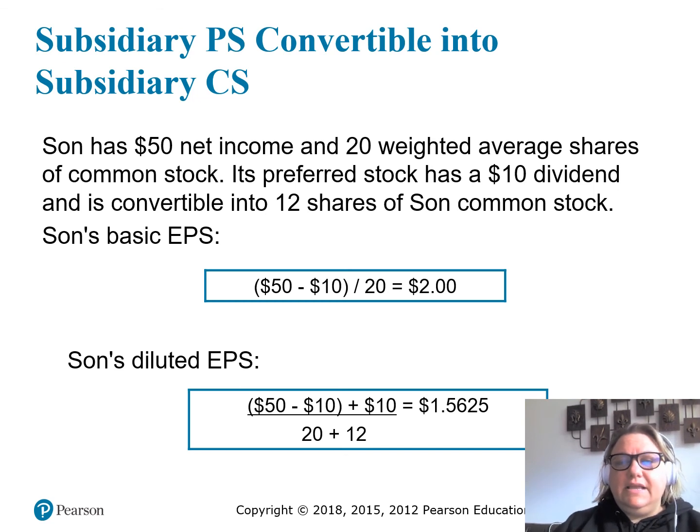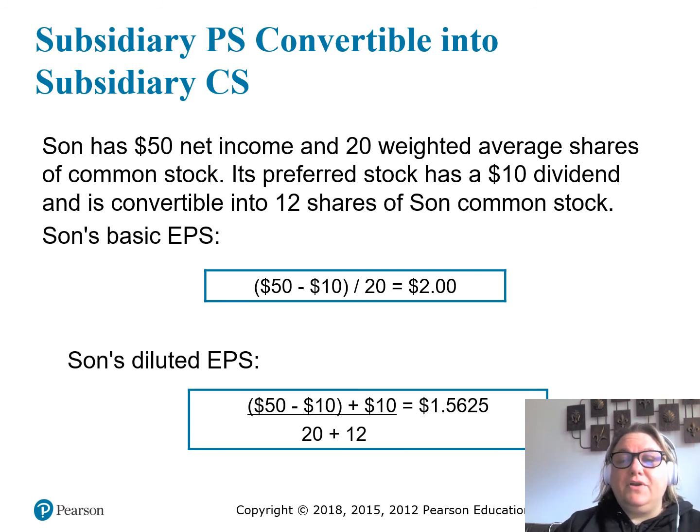Okay, so here's an example of preferred stock convertible into subsidiary common stock. The son has net income $50 and 20 weighted average shares of common stock. And you know what's really fun is when that weighted average is already figured for you, that's just like a gift. So go ahead and enjoy it.